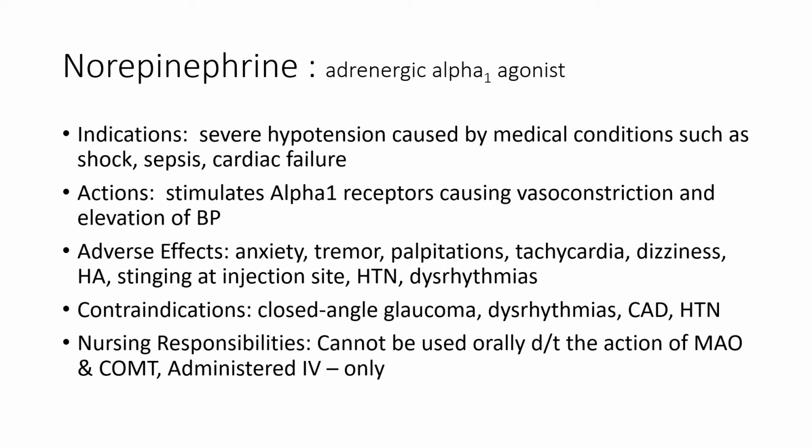So what about this closed angle glaucoma? Let's get to that. In glaucoma, if you have a history of glaucoma and I cause your pupil to dilate, the iris, which is the tissue being dilated and making your pupil very large, will bunch up against the side wall of the eyeball.